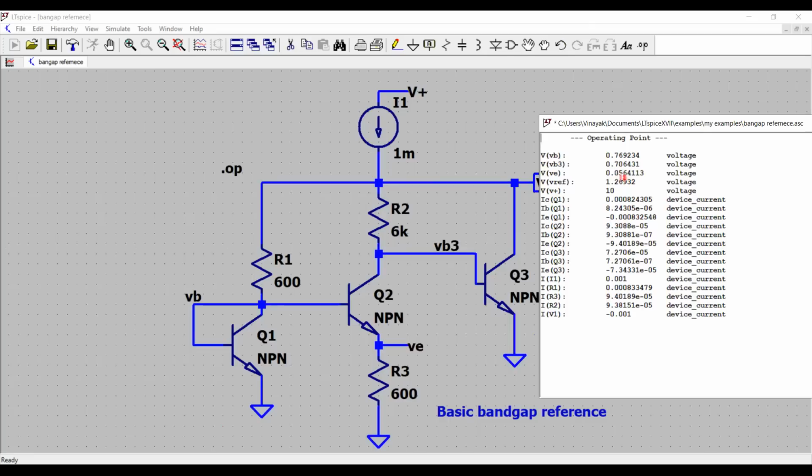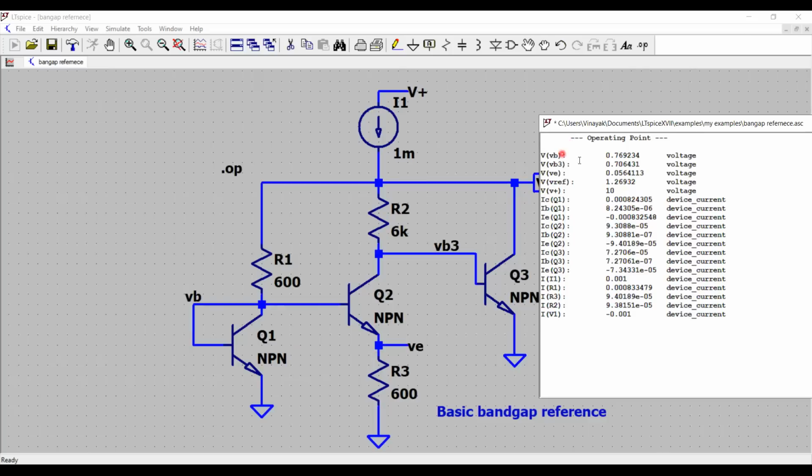VE is your 0.056. So remember, that's the voltage you drop across the resistor R3, which is the difference between VB1 and VB2.